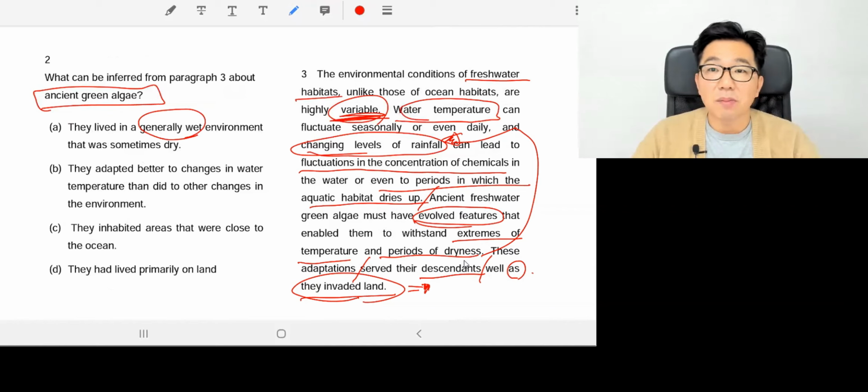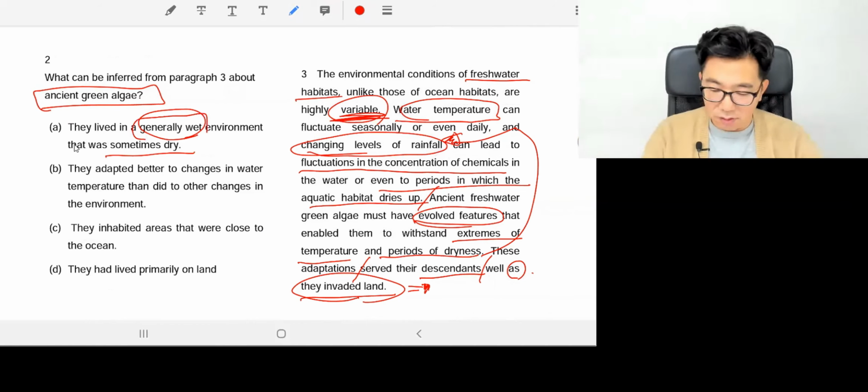So this is a problem. If there's a lack of rainfall, because it varied a lot, then occasionally they might have some kind of a dry patch, right? But generally wet, it's freshwater. Okay, so A looks to be pretty good.